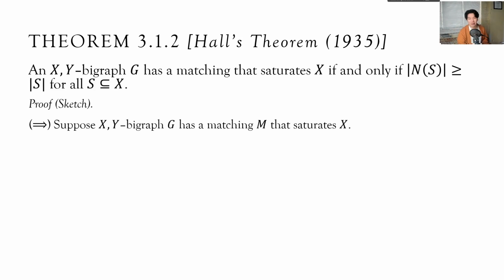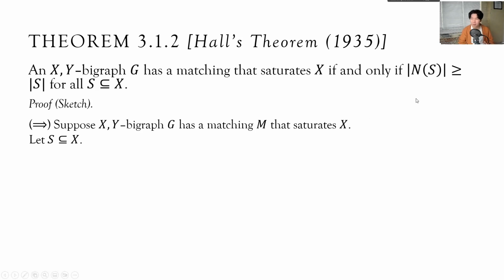For the forward direction, we're going to suppose that I have an X,Y-bigraph with a matching M that saturates X. So let's go ahead and let S be a subset of X. My statement says this should work for all S, so I'm just choosing an arbitrary S. I'm not specifying it, I'm just saying I have some vertex subset.